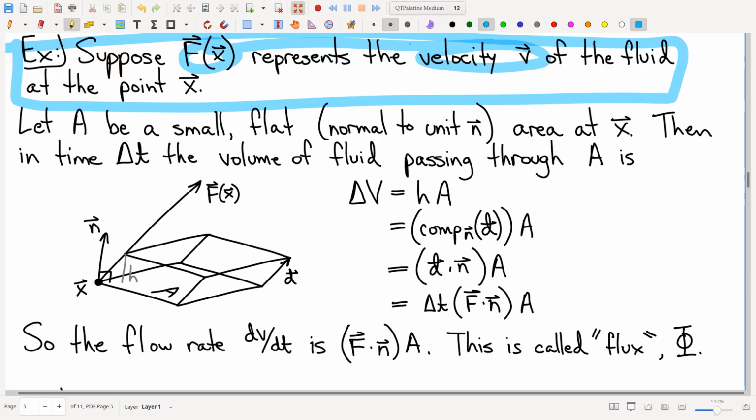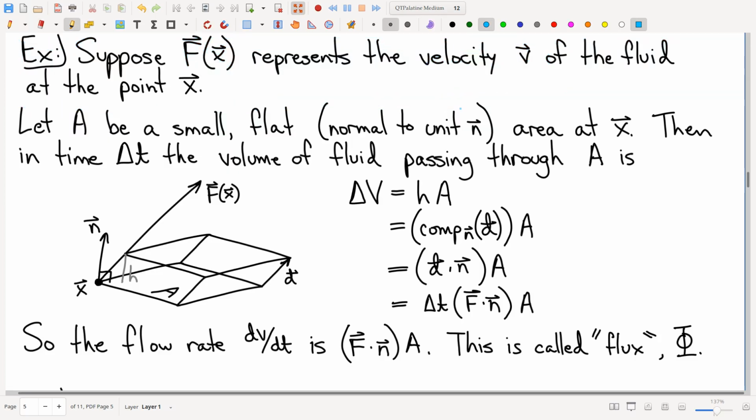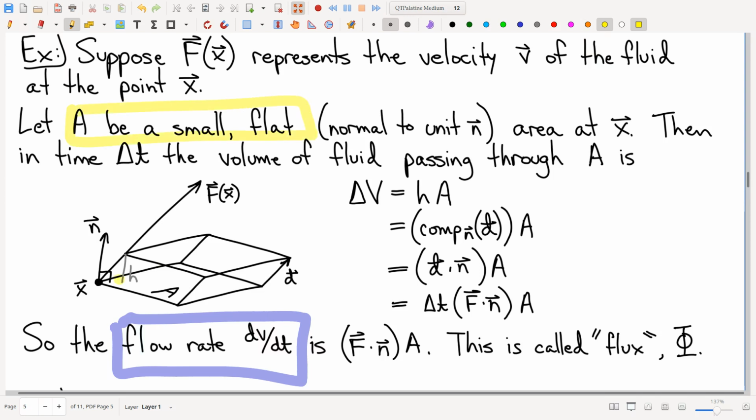So what I want to do is compute from that this thing called the flow rate. So flow rate says, suppose you have some small, and for the moment I'm going to say flat piece of surface here, like that, small flat area.